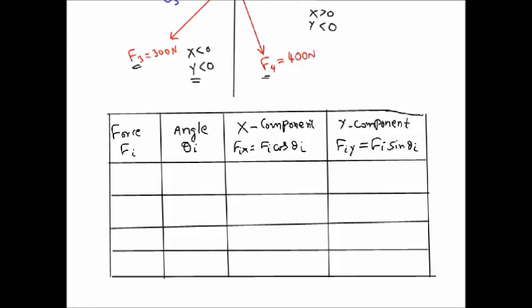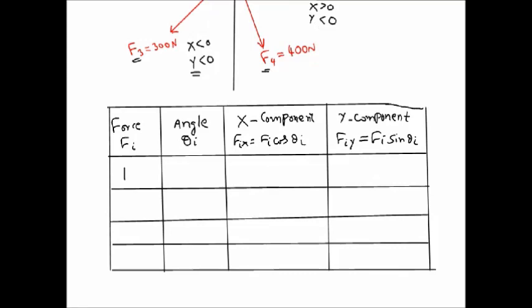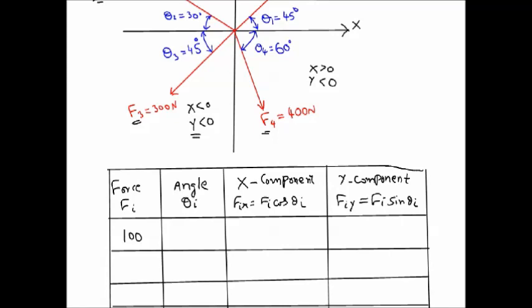So you have terms like F1 cos theta 1, F2 cos theta 2, and so on for F1x, F2x, F1y, F2y, and so on. We know that this force F1 is 100 newtons, and the angle is 45 degrees. So you have 100 cos 45 here, and you have here 100 sin 45.